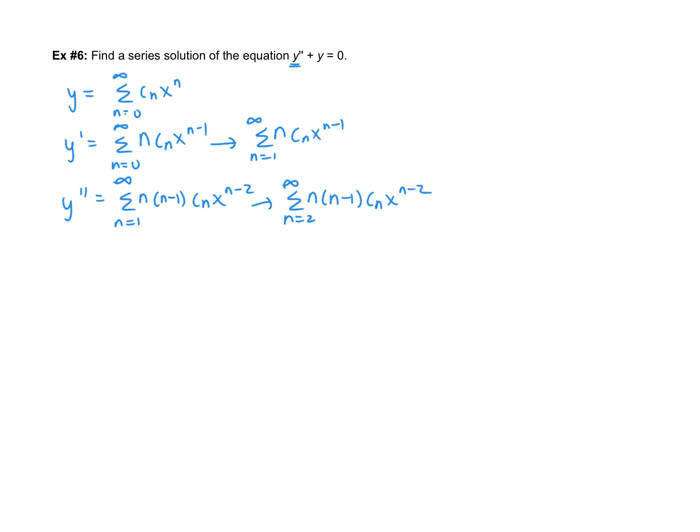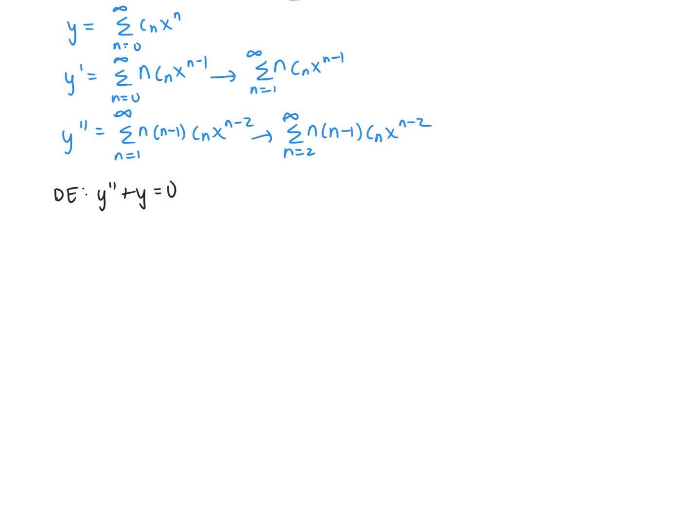Okay, so now at this point, we're going to go back to our differential equation. So our y double prime add y is equal to 0, substituting in those terms that we have above. So we have the summation from n equals 2 to infinity of n times n minus 1, Cn x to the n minus 2, add the summation from n equals 0 to infinity of Cn x to the n, and all of that is equal to 0.